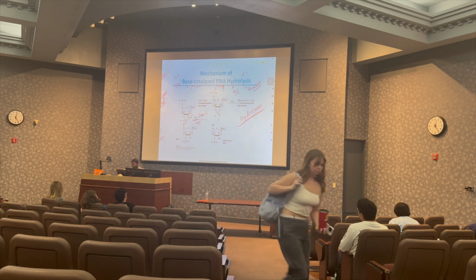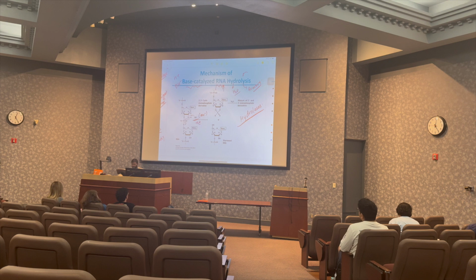Now you have a phosphate and oxygen. Of course, in phosphorus and oxygen, oxygen is more electronegative than phosphorus.